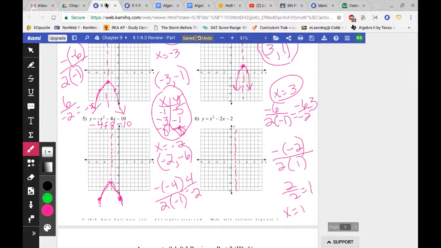And then I'll plug that 1 back in. 1 squared is 1. Minus 2 times 1 is 2, minus 2. So 1, and then 1 minus 2 is -1, and -1 minus 2 is -3. So it's (1, -3).